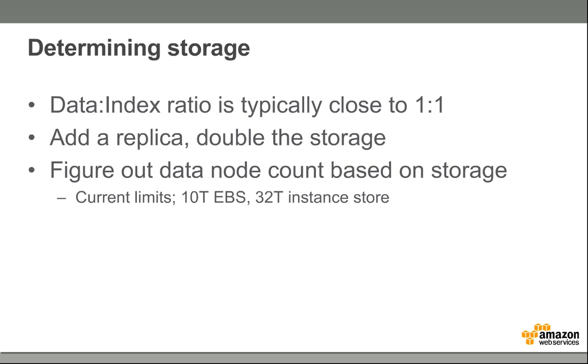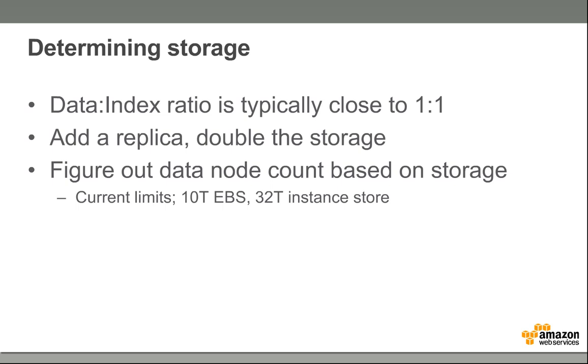How do I figure out how big my cluster needs to be? Generally, I have some amount of data, and as I process it and it goes into those shards, there's going to be a ratio between the source data and the size of the resulting index. The ratio is typically close to 1-to-1. If I have a terabyte of source data, I would typically have about a terabyte of index data, although 1.1-to-1 is a little closer to true.